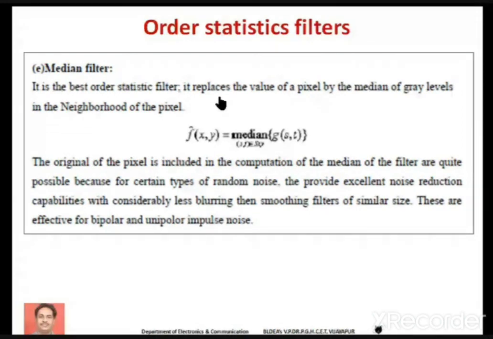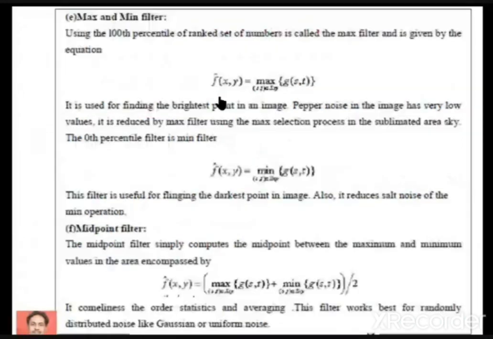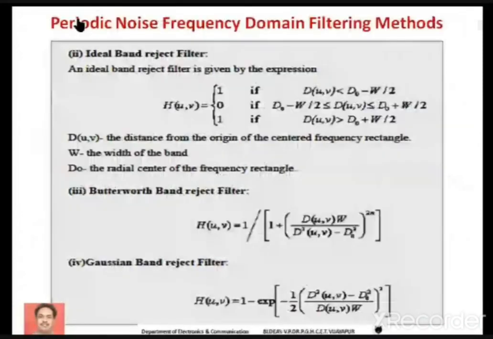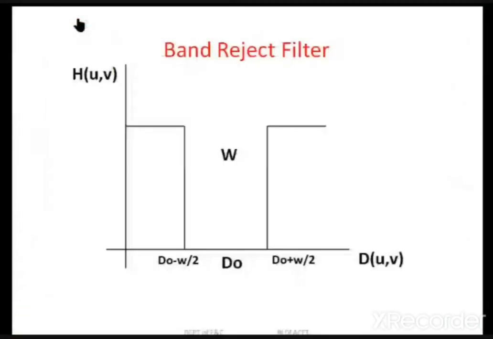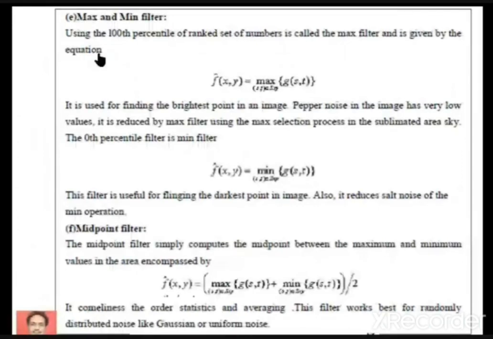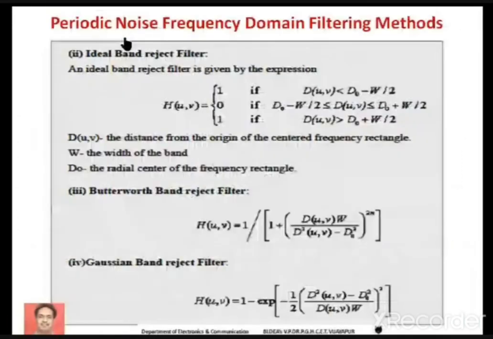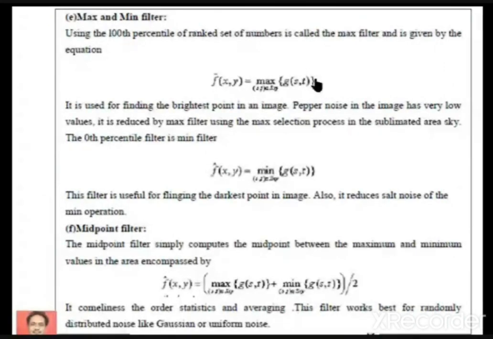Next we have the max and min filter. The max and min filter we also discussed in the last class in the second module. As the name indicates, in the max filter each pixel is replaced by the maximum of its neighborhood. The max filter is also called the 100th percentile filter, because it uses the 100th percentile of the ranked set of pixels.